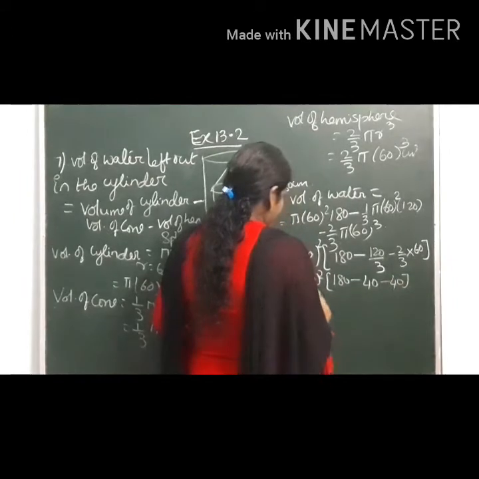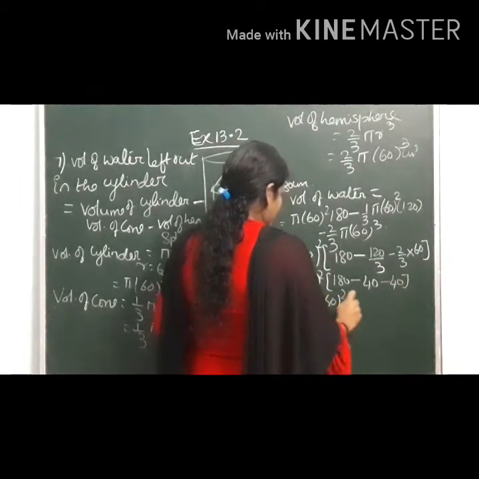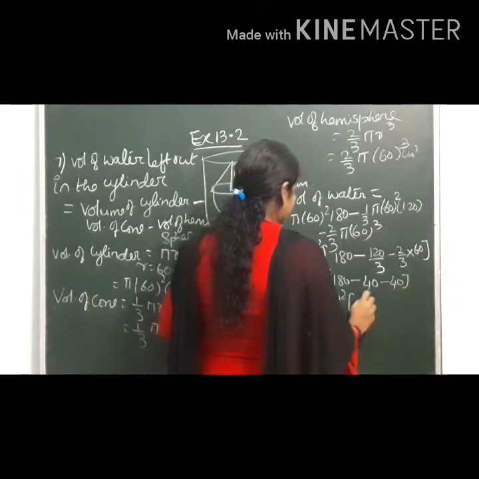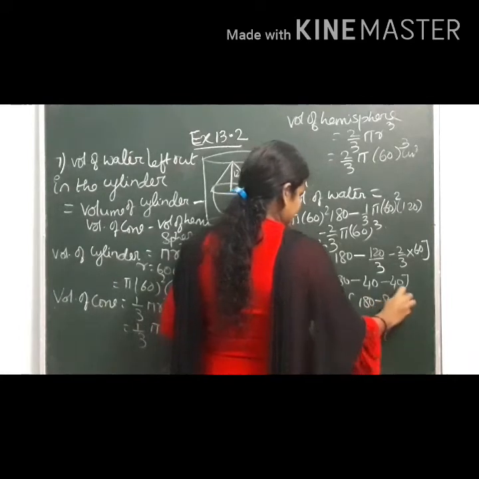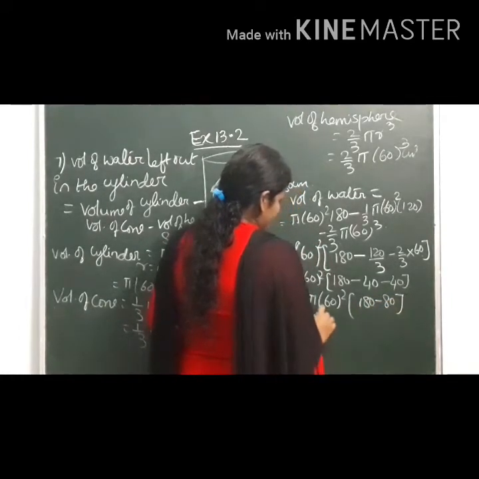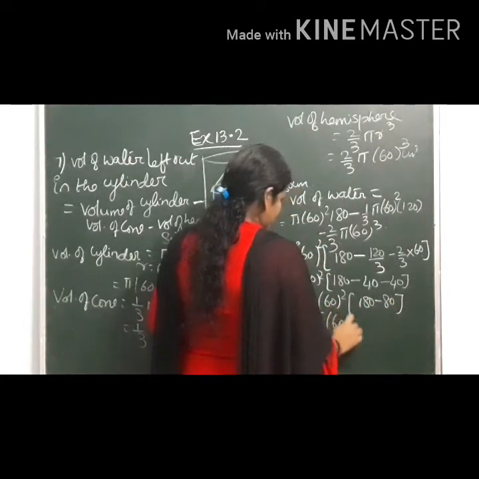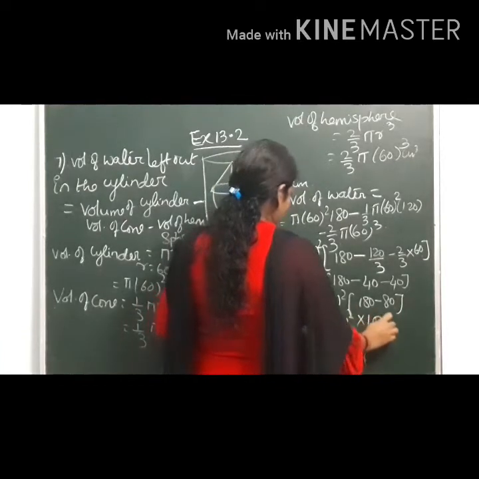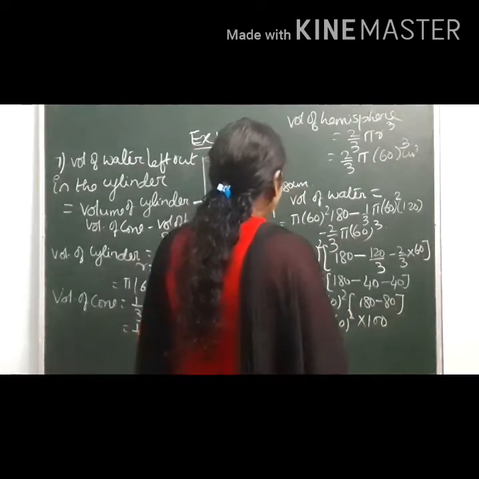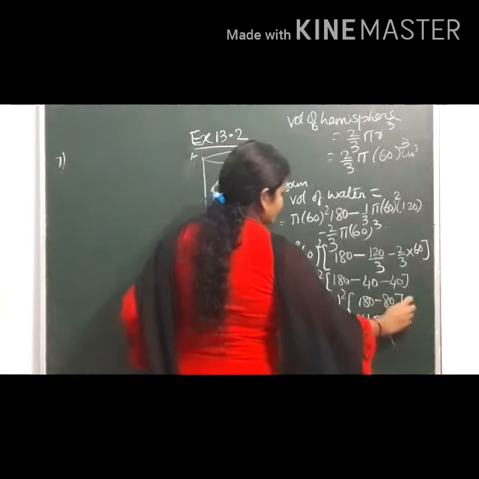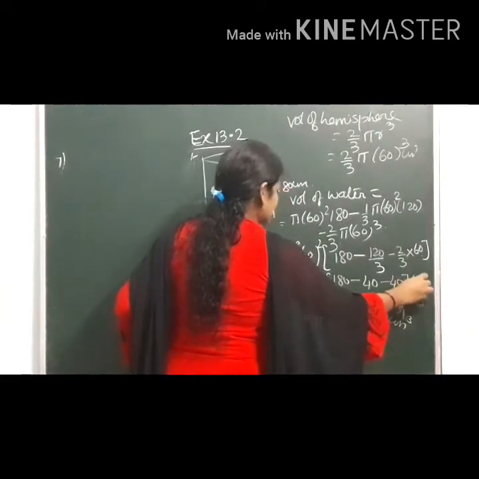So pi 60 whole square, 180 minus 80, that is 100. Pi into 60 whole square into 100. So the volume is in centimeter cube.